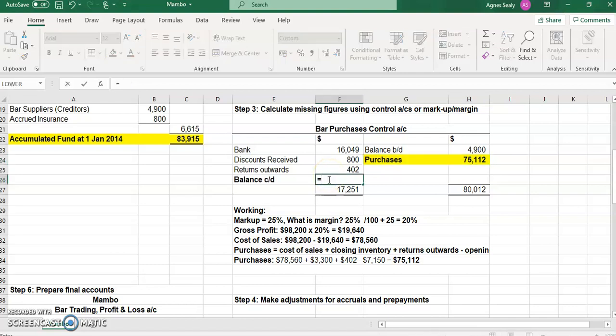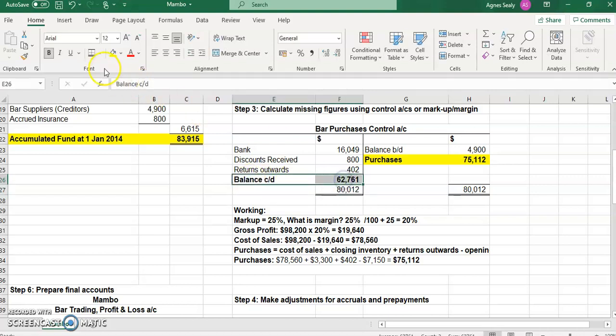So $80,012 minus $17,251 gives us our closing creditors of $62,761. So you see how we use markup and margin and we come up with our figures. And I will continue in our next video.